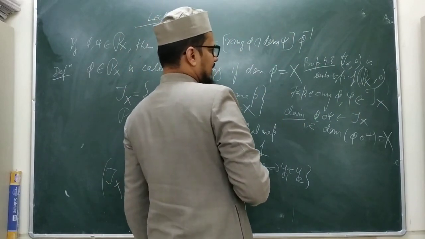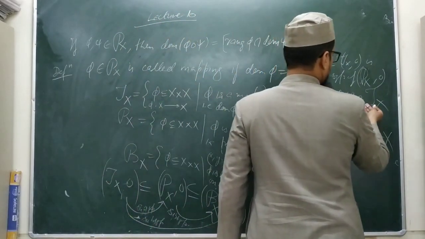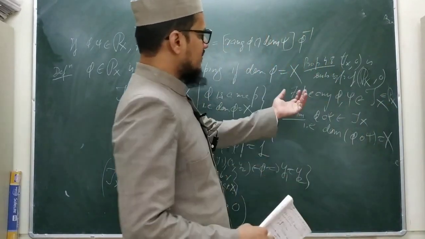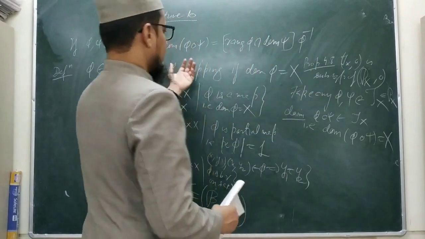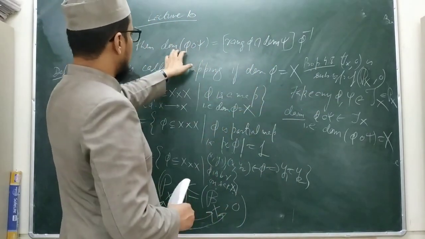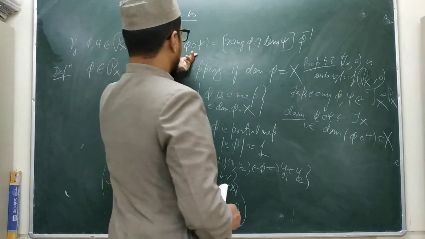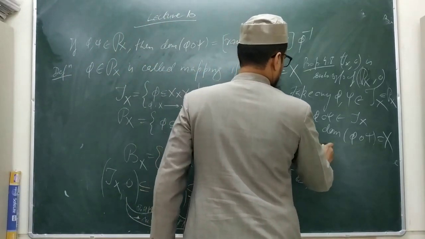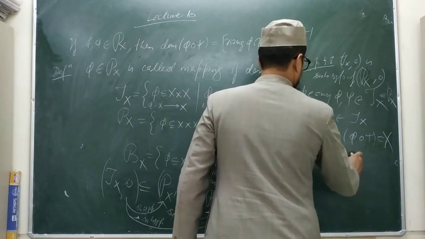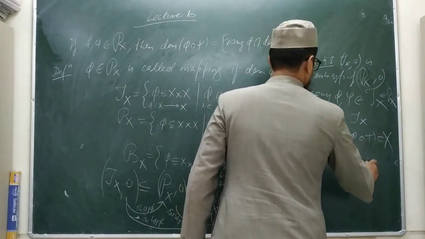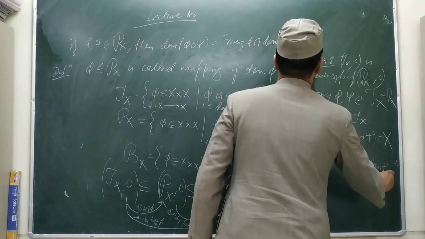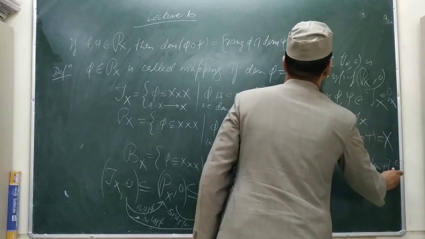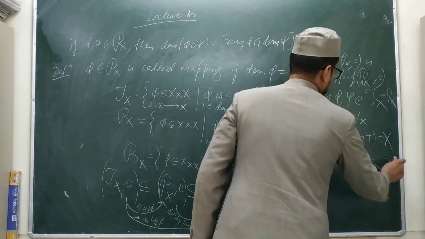So basically you have taken an element phi, psi belongs to tau x, well tau x is contained in px as well. So phi and psi both go in px. When phi and psi both go in px, then we have already proved that domain of phi composition psi is range phi intersection domain psi phi inverse.